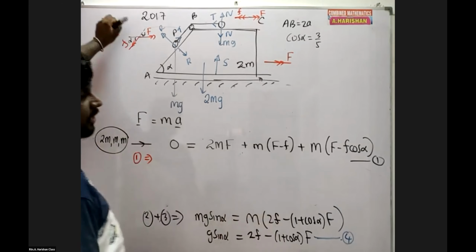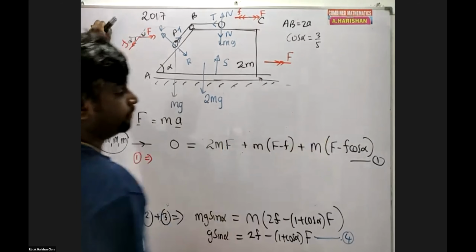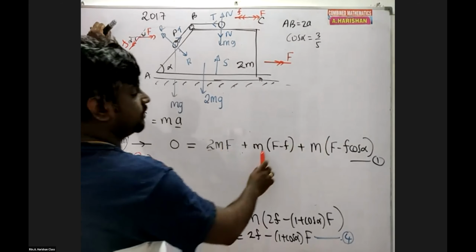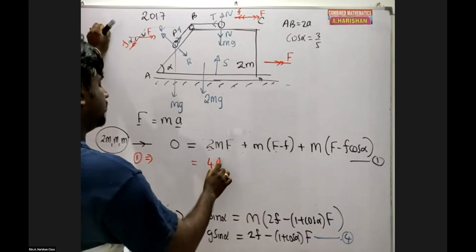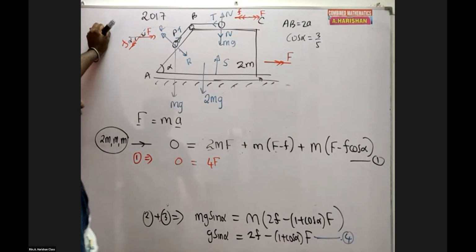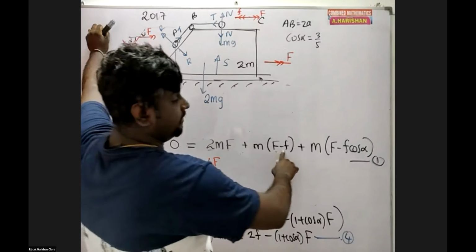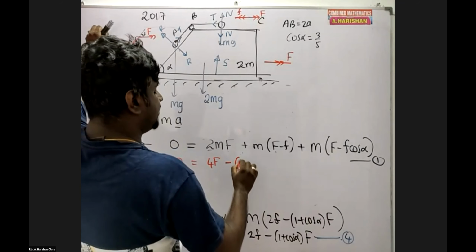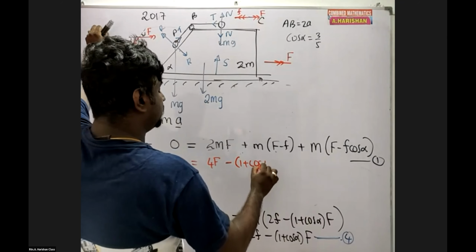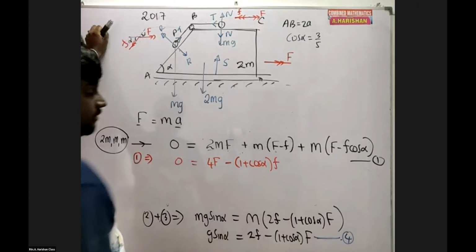I can write the first equation. I can cancel all the M. 2 capital F, 1 F, 1 F, 4 capital F. Then minus F cos alpha. So if you take the minus F out, simple.